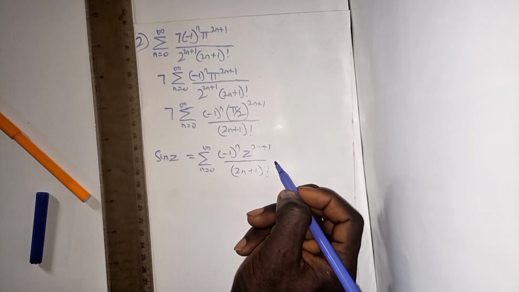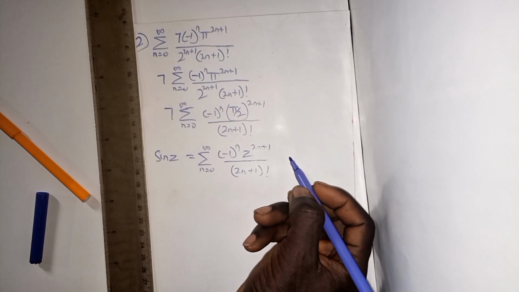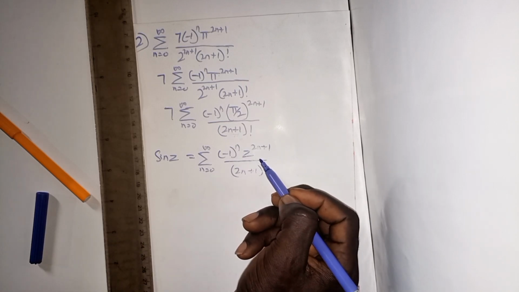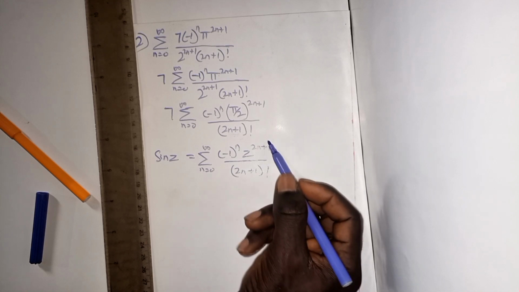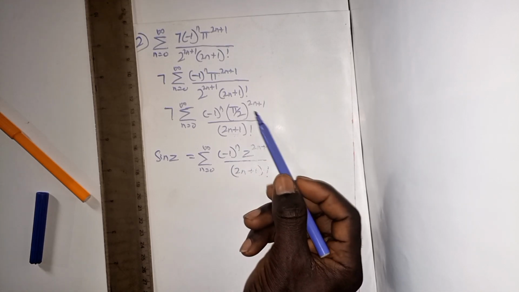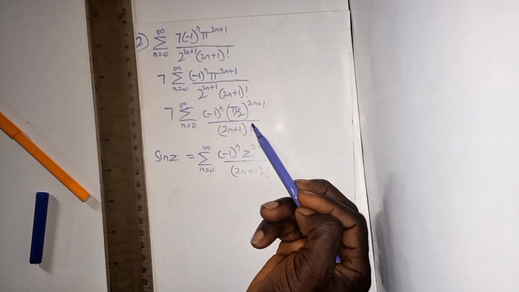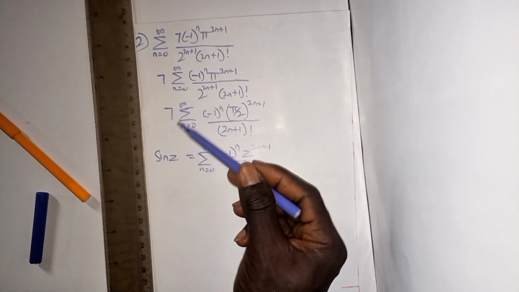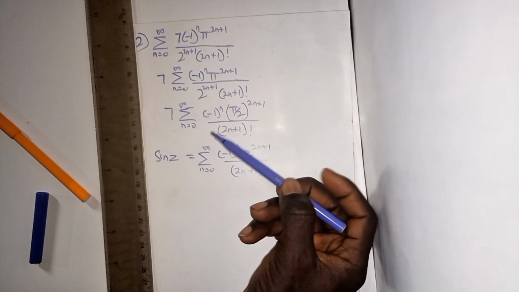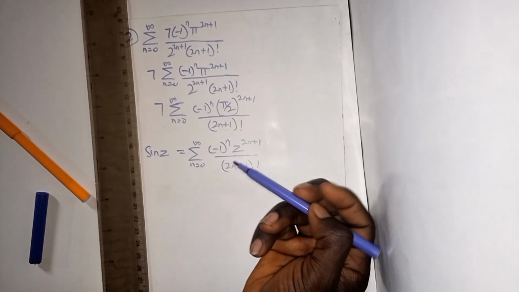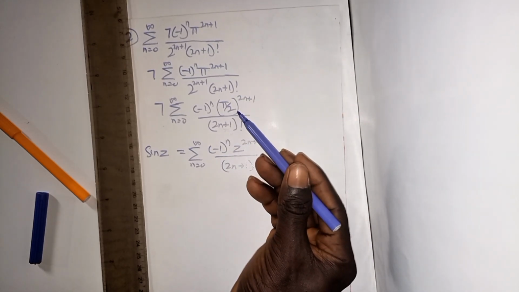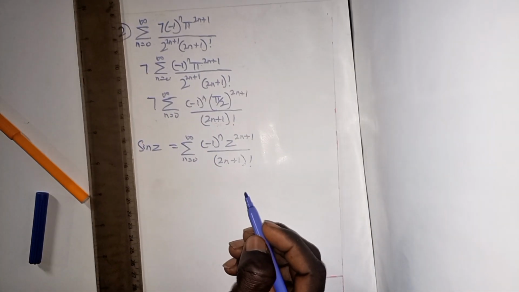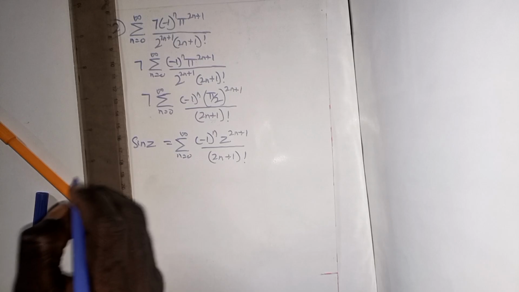Just like we did in the first series, the same thing applies here. When we check this standard sine function, that is the Taylor's expansion, against our given series, we see that they both look alike. The only difference is that our series has a constant 7, which is actually outside the sum, which is nice for us. Then our z here is pi over 2.